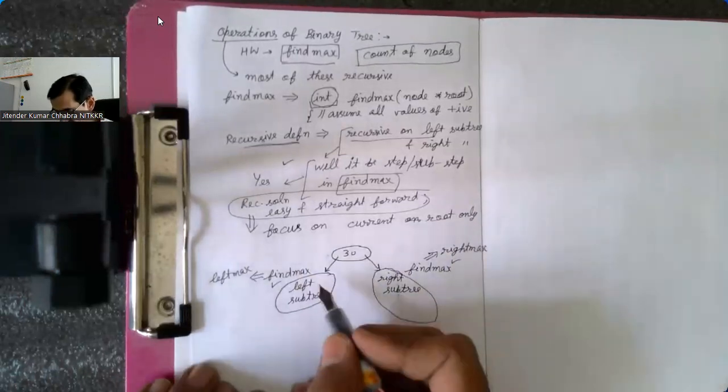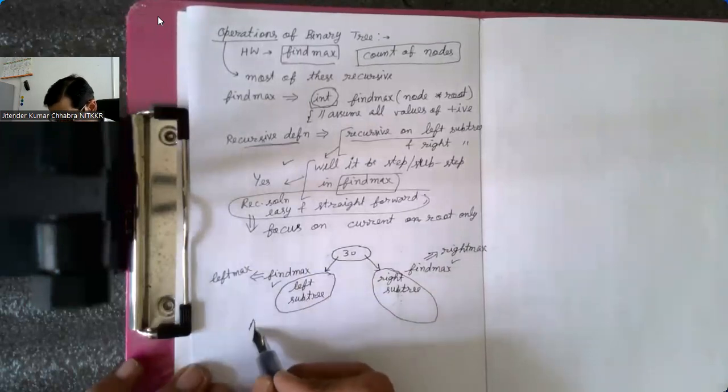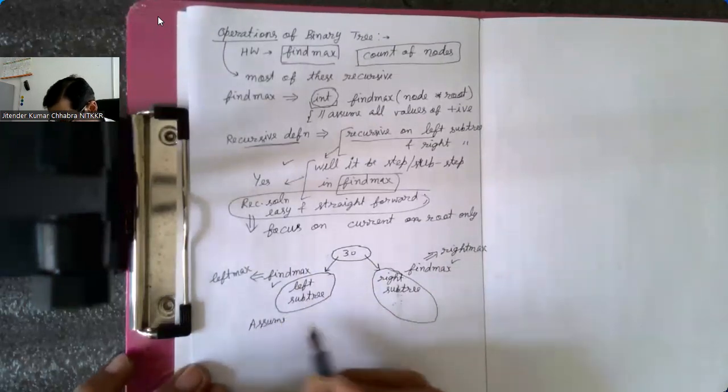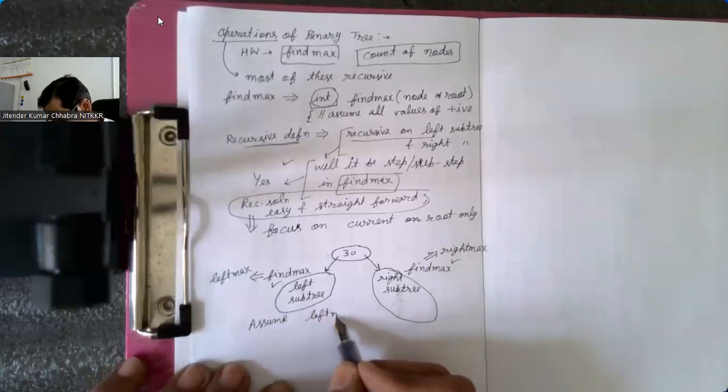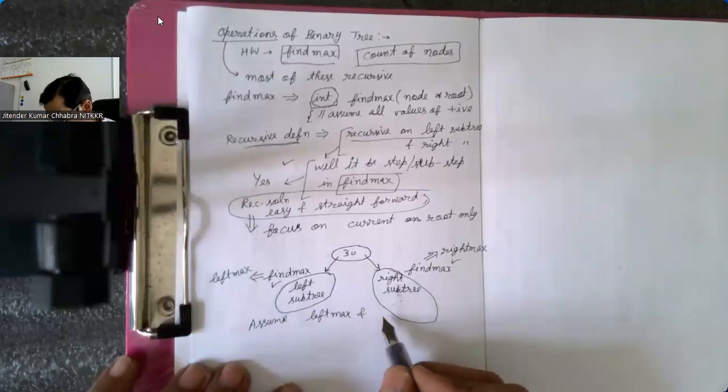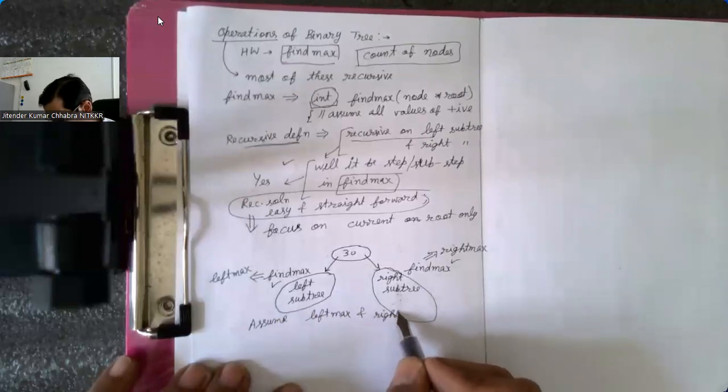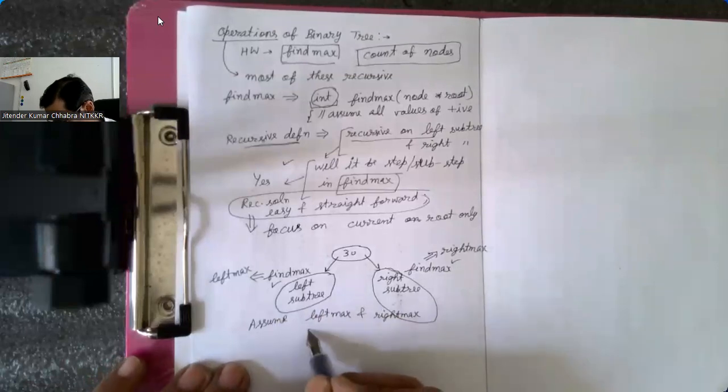So if recursion is applied, you assume that you have found left max and right max correctly. With recursion, you always assume that left max and right max are computed correctly.